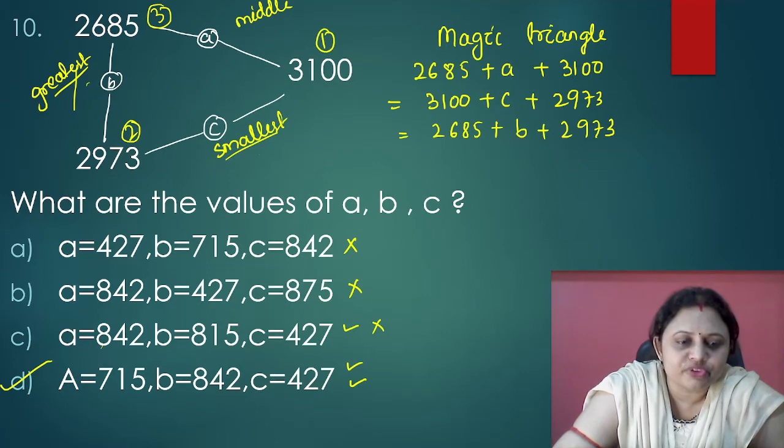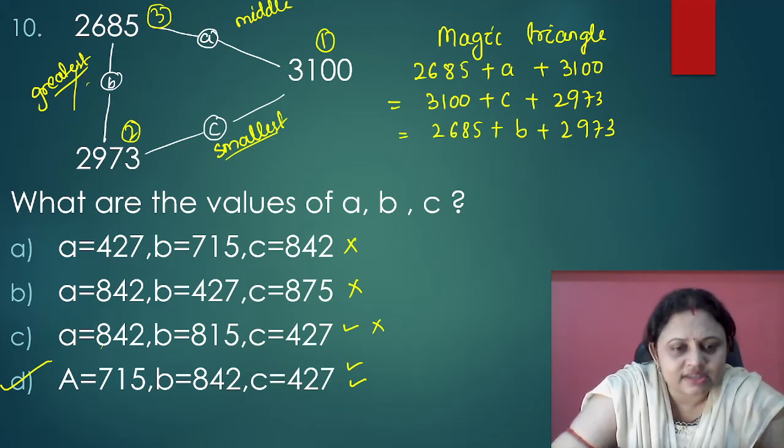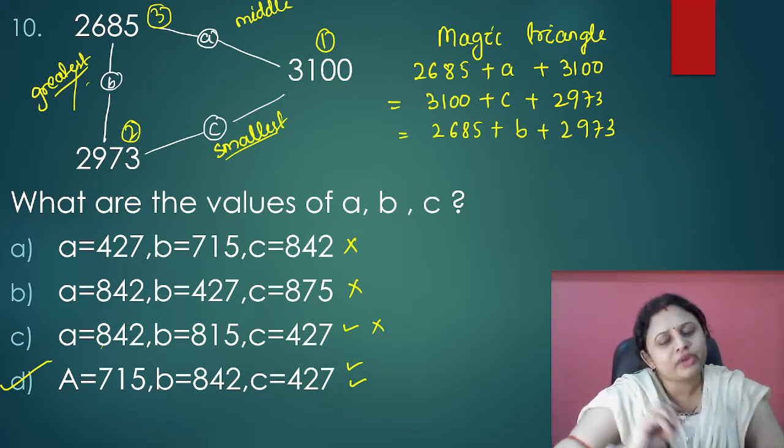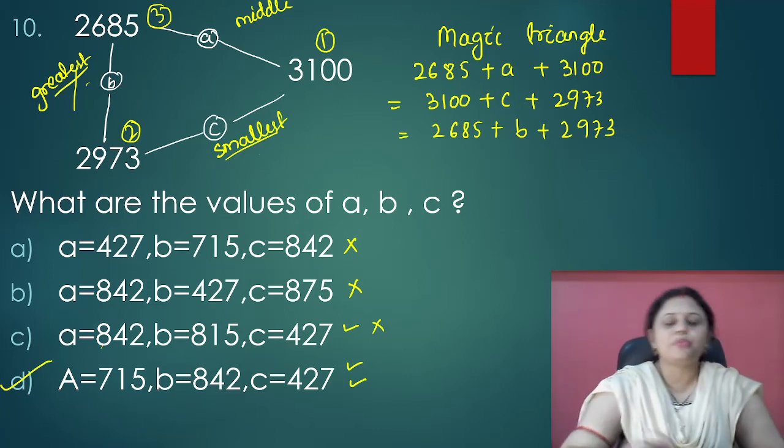We got two options, C and D. Then we don't have that much time to check the answers. The 2685 and 2973 are the smaller numbers, so we have to check in which option B is greatest. B is greatest in 842, so you can confidently write that option D is correct.